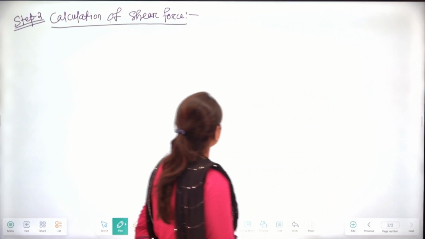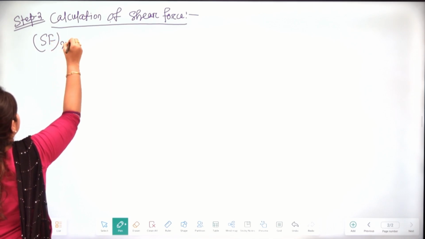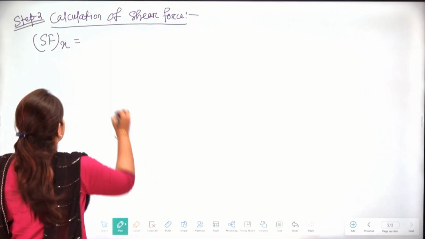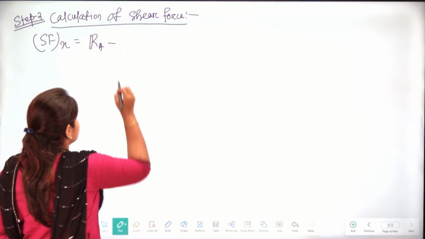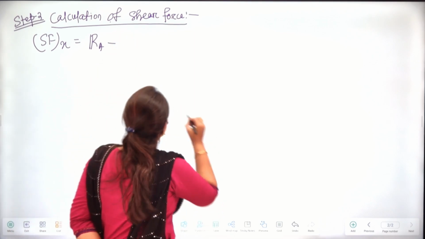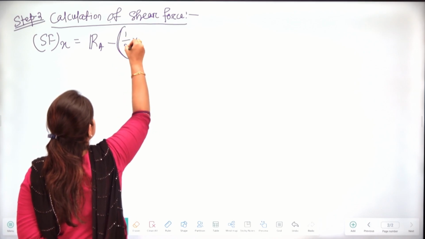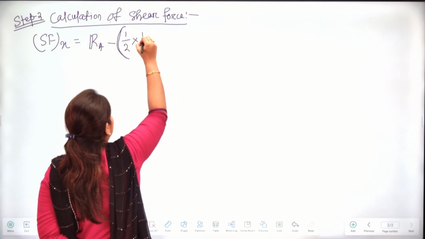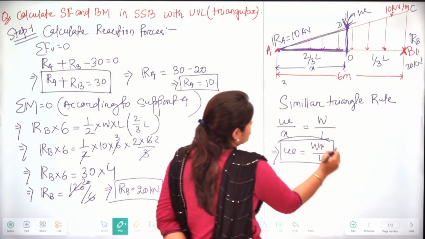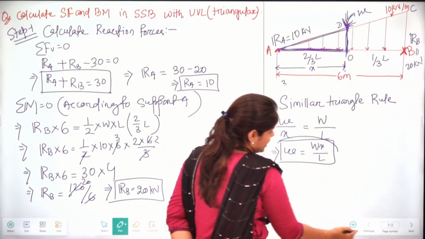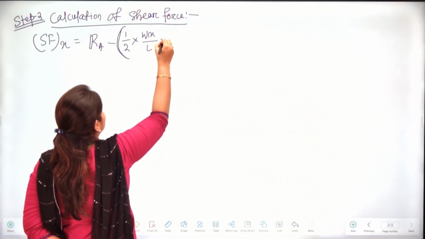So the shear force at point X will be RA minus the load. The load is the area of the small triangle, half into small w, which is Wx by L, into x.